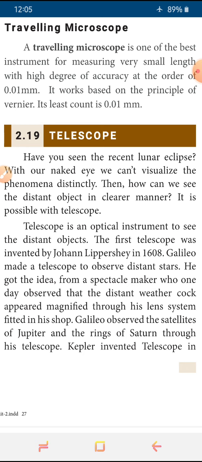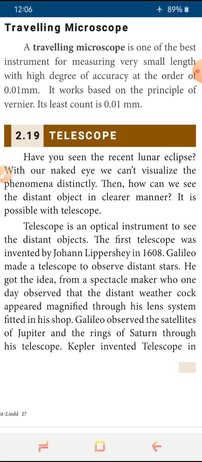We can see stars and some celestial bodies as distant objects. To see them closer and to magnify them, we can't go near them. There we use the telescope. We use the telescope mostly during lunar eclipses and solar eclipses.